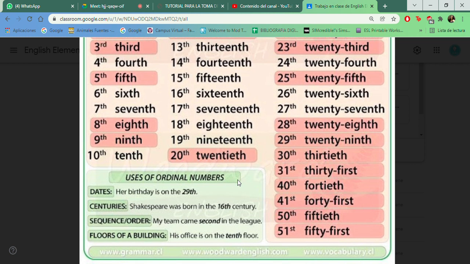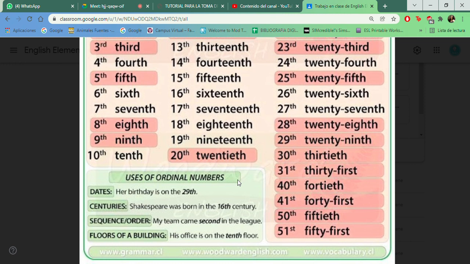Then we have floors of a building. For example, his office is on the 10th floor, or it's on the 2nd floor, it's on the 6th floor, right? So do you live in an apartment? Yes. Great. And what is your floor? Where do you live exactly? Third. Third?